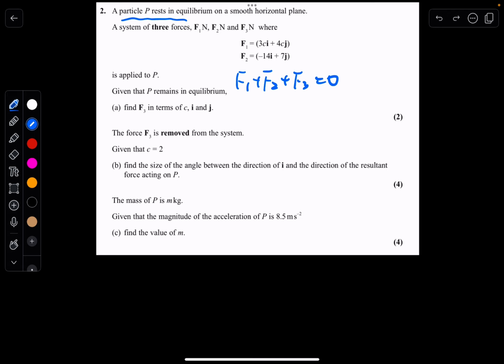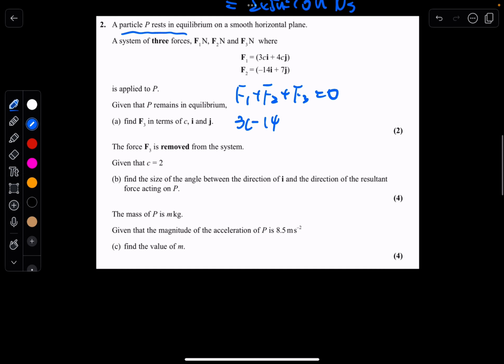Now let's write all these down. 3c minus 14, and then, okay, actually we have to denote something first. Let F3 equal xi plus yj.